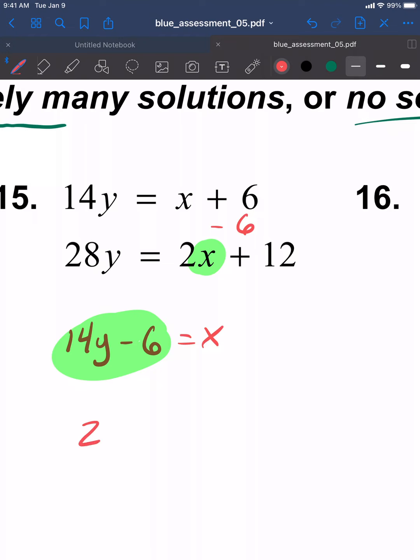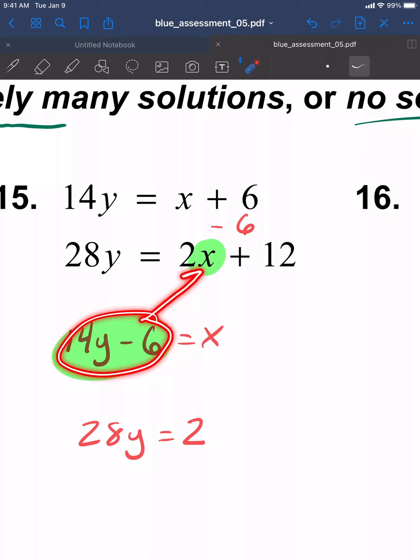Okay, so now I've got 28y equals 2 plus 12. Wait, just kidding. You guys were not paying attention. This is x.